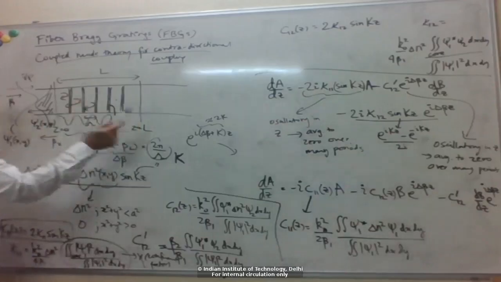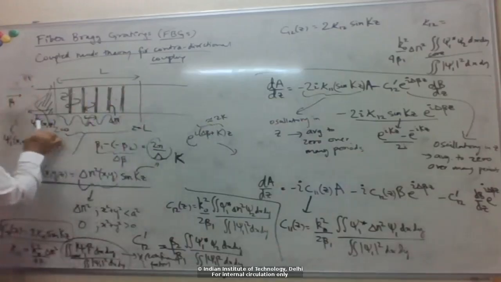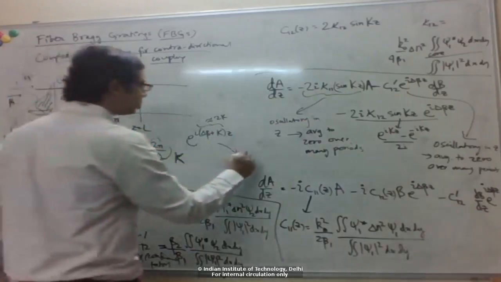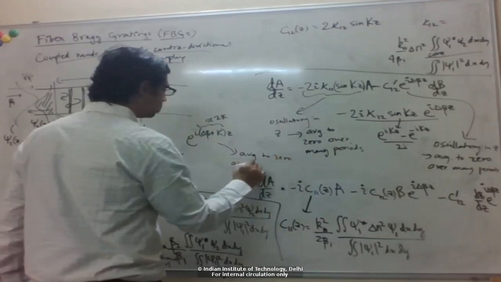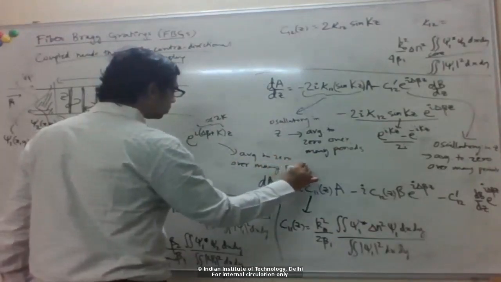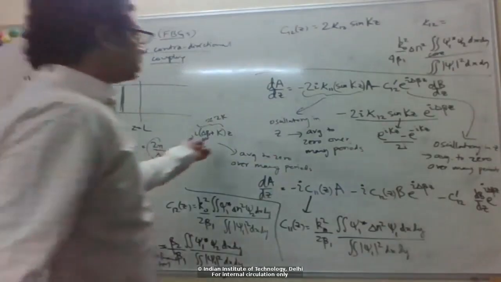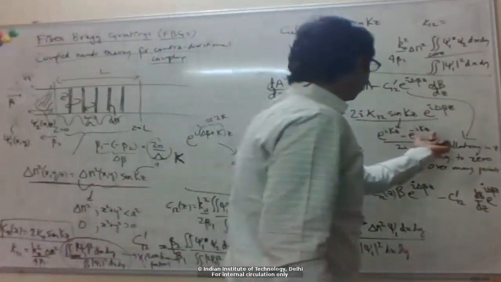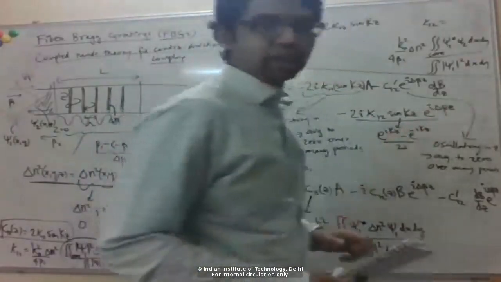So it's also oscillating with propagation distance, and if you have many periods over this length, this will again average to 0. So basically there will be only one term remaining here, which is the e to the I delta beta minus capital K.